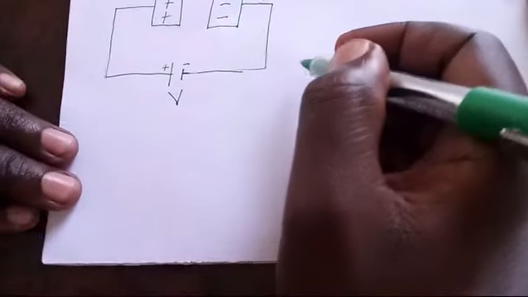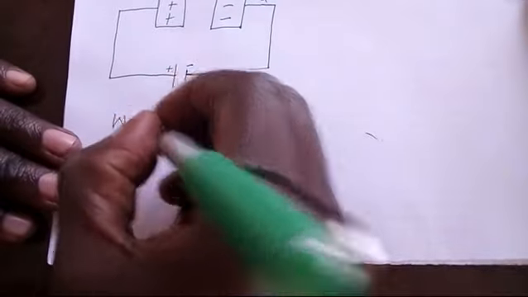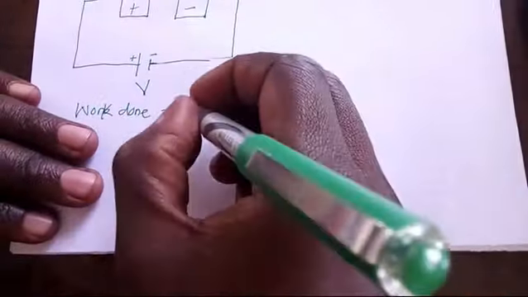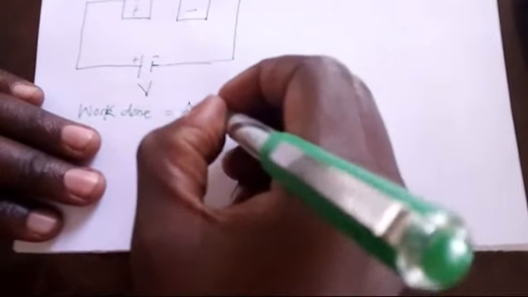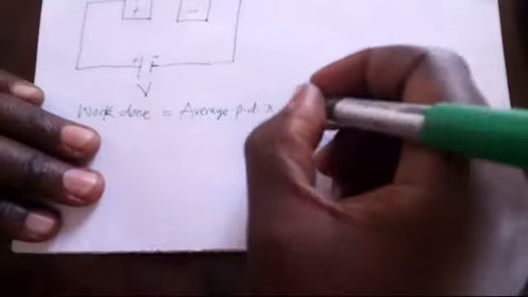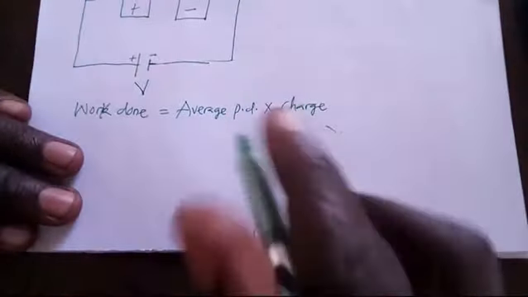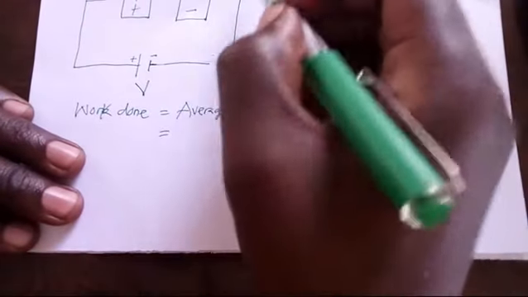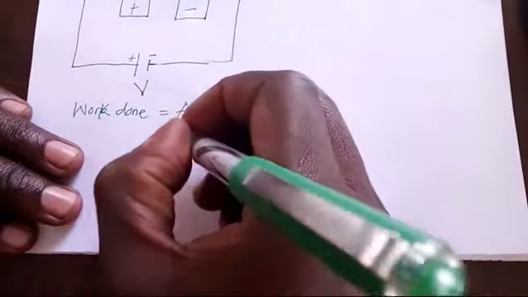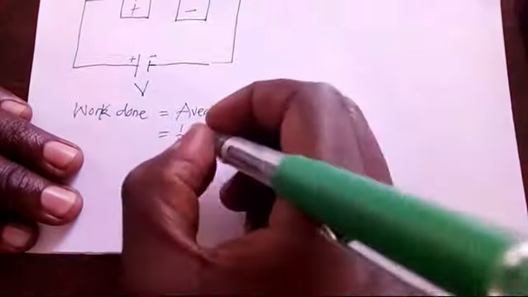How do we calculate that work done? We said work done is equal to the average PD times the charge stored. Now the average PD, remember we said it increases from 0 to V. So this is half: you take the initial and the final and add them.